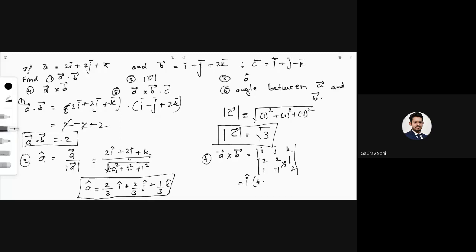So 4 minus of minus 1, minus j 4 minus 1, plus k minus 2 minus 2. So it is 5i minus 3j minus 4k. This is A bar cross B bar.